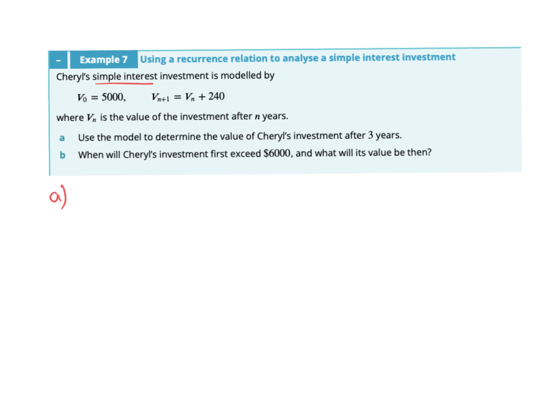So they've given me V0, which is the initial. What I'm going to do is find V1. V1 would be found by using the one before, which is 5,000 plus 240. So then we end up with 5,240, okay? Then you have to show V2, so after 2 years, it's the 5,240 plus another 240.